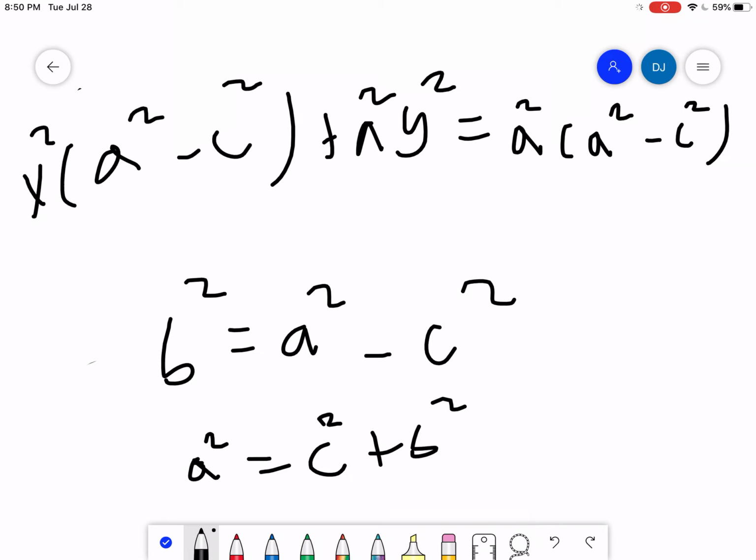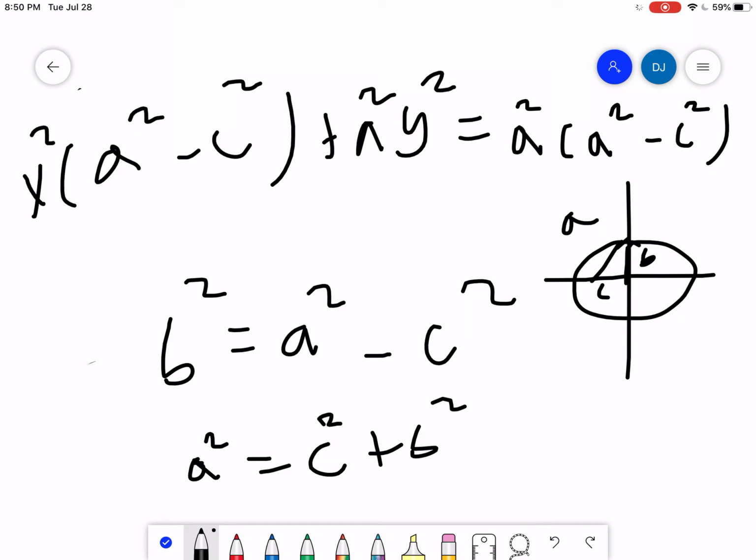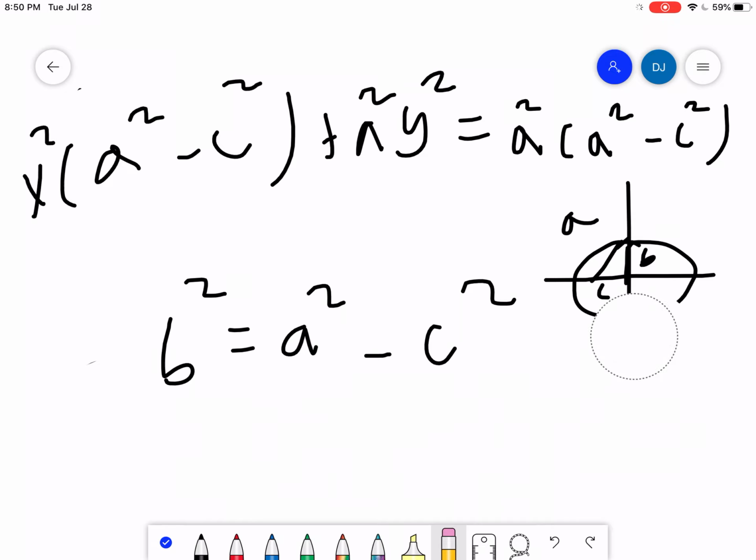For a quick review, remember we had this ellipse, and we made a right triangle, and we called the hypotenuse a, this length c, and this length b. So a squared is equal to c squared plus b squared, and if we solve for b squared, we get b squared is equal to a squared minus c squared. I really recommend you watch part 1, but that's why b squared is equal to a squared minus c squared, because a is the hypotenuse.